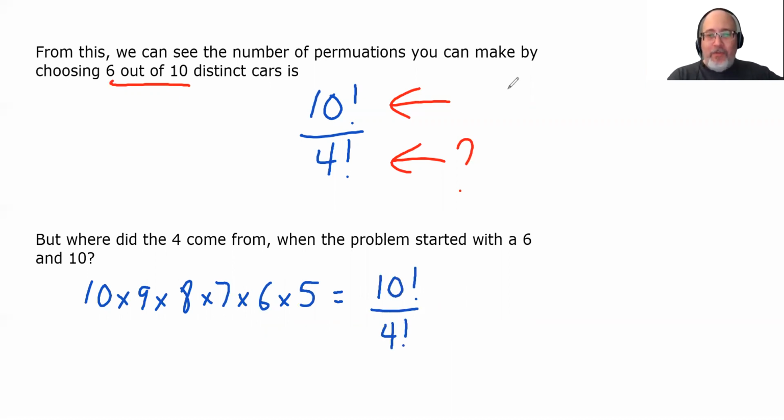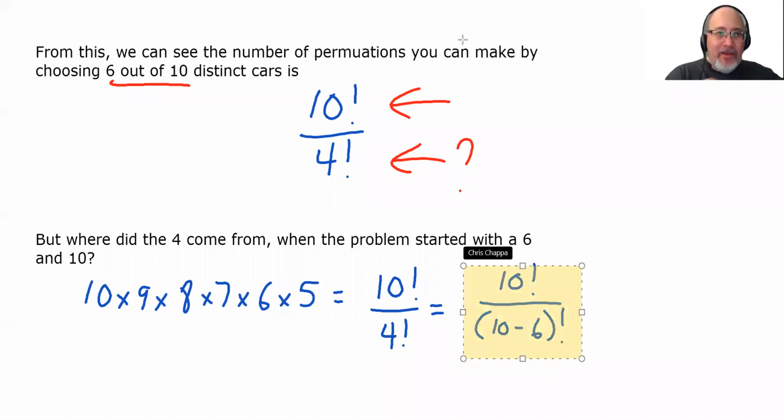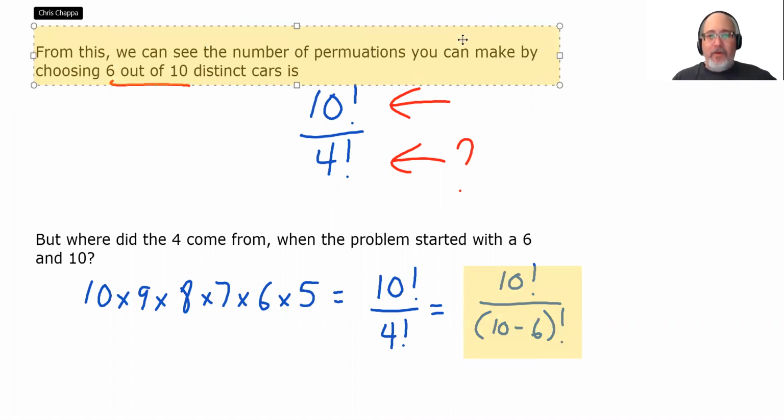But we weren't given both of those numbers in the problem. We were given a 10 and a 6. But if we rewrite the 4 as (10 minus 6) in parentheses with the factorial at the end, look at this expression and look at the original problem. The expression highlighted at the bottom involves only the numbers that we were given.